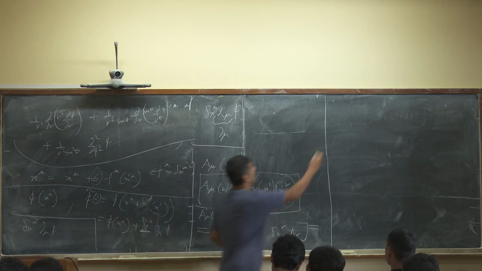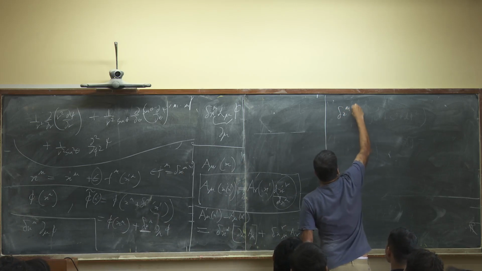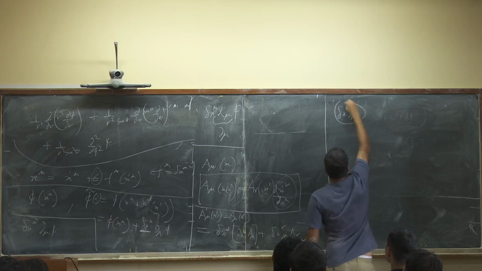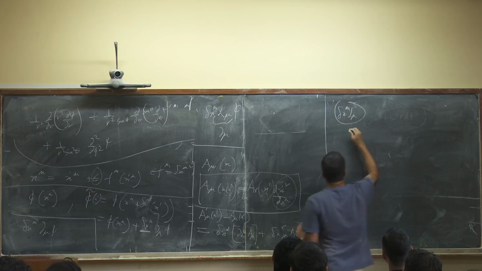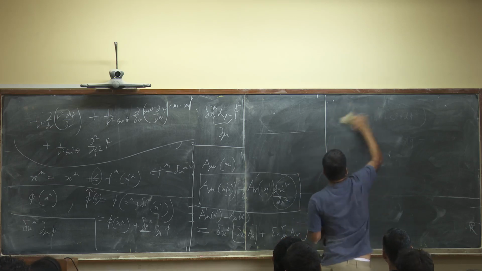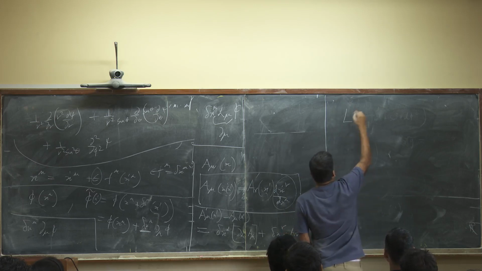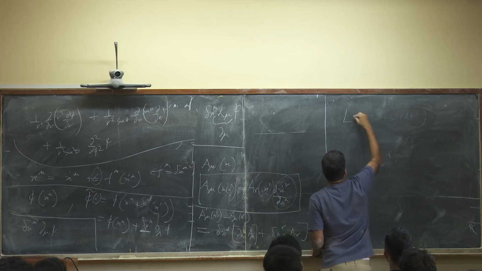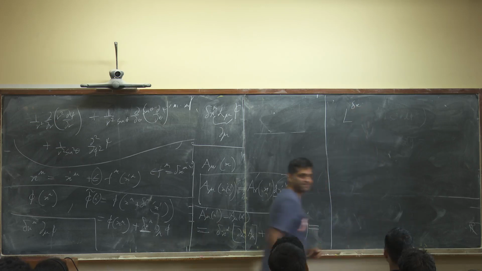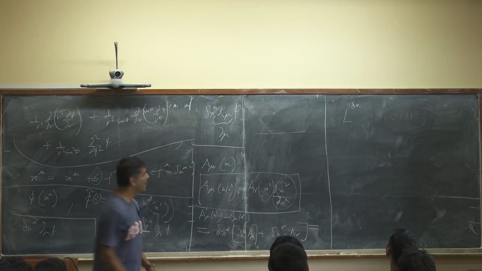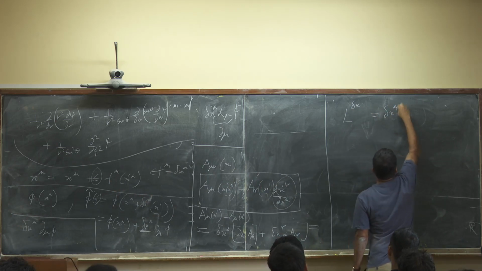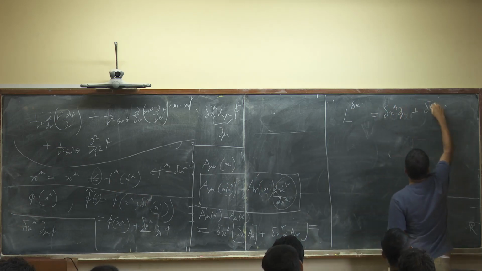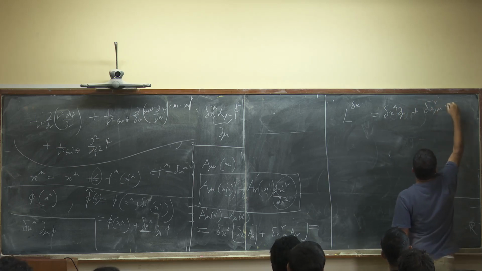Maybe it's called L in the delta x mu direction. We'll invent this notation. I'll change it to something standard next time. L, the Lie derivative in the direction delta x, is equal to delta x mu del mu plus delta x nu mu a nu.